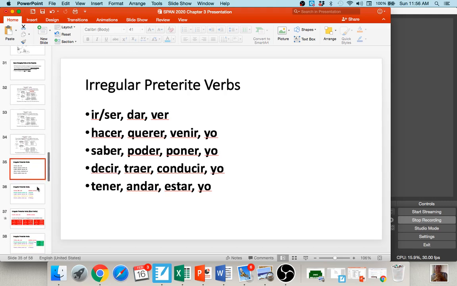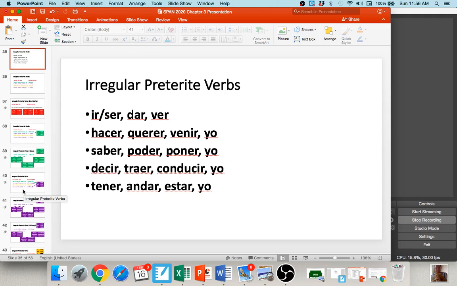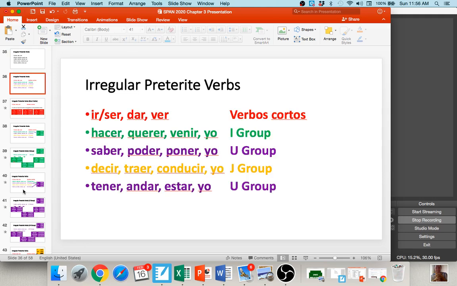Now, you also have lots of verbs that are irregular in the preterite. You can see a list of these here, and I have them organized in this order for a reason. We're going to break these up into different categories. So ir and ser, to go or to be, dar, to give, and ver, to see. We refer to these verbs as verbos cortos, or short verbs.